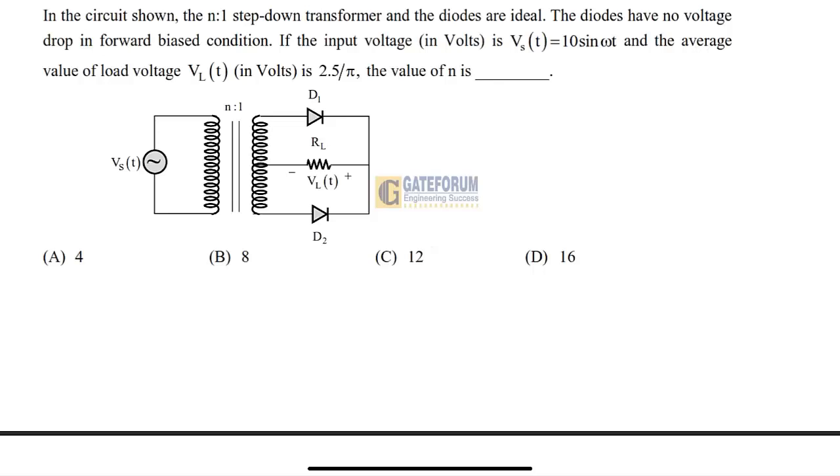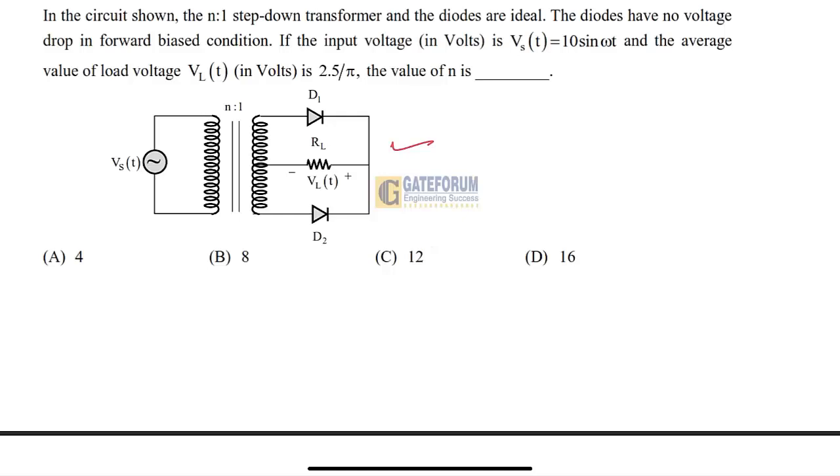If the input voltage Vs(t) is equal to 10 sin omega t, and the average value of the load voltage VL(t) in volts is 2.5 by pi, the value of N is, fill in the blanks. Option A is 4, option B is 8, option C is 12, option D is 16, and the corresponding circuit is given.